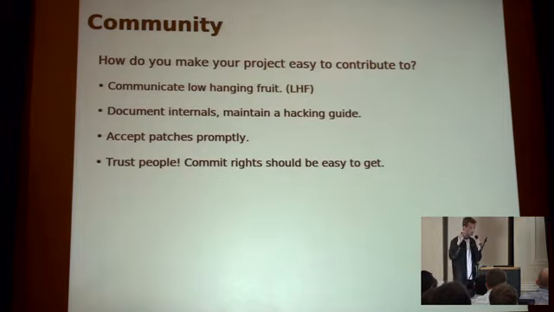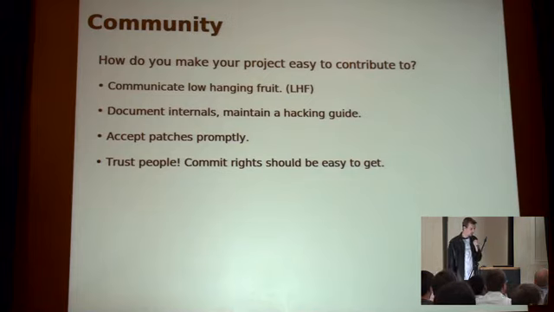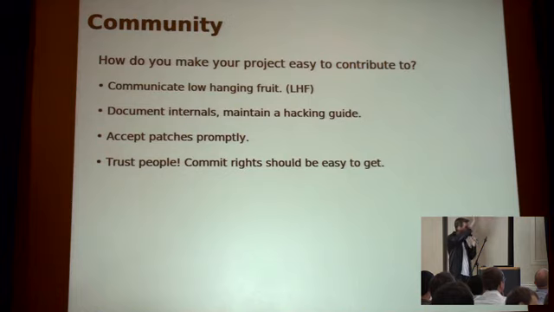And closely related to that is the idea of trusting people. The Rubinius project is an experimental small stack style virtual machine for Ruby. They have a policy that if you submit a patch and it's accepted, then you can ask for commit rights and they'll just give them to you. Some people would call it crazy, but I've talked to Evan, the maintainer, and he said, I've not had problems with this.